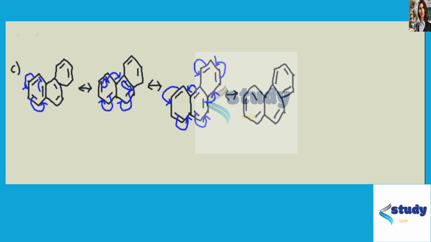Okay, and so lastly, we can just move these double bonds around this ring again.